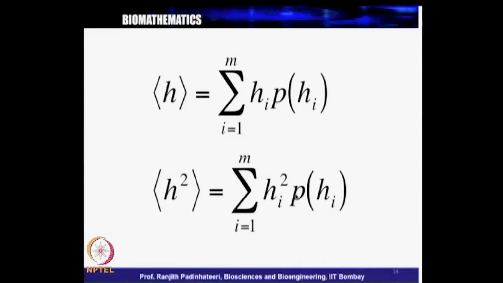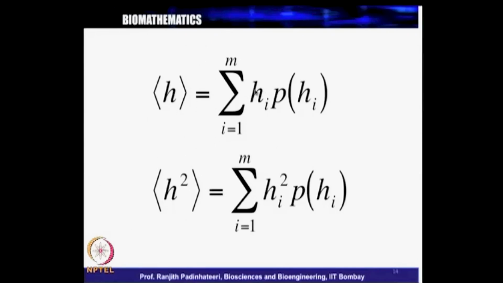And if I calculate the sum of hi square p of hi, this will give you the square average. So, we have the average and the square average, h average and h square average. This is essentially the same as how we had calculated this before. Instead of summing throughout the data set, we can multiply with the probabilities and sum like this. Then you get the h average and h square average.